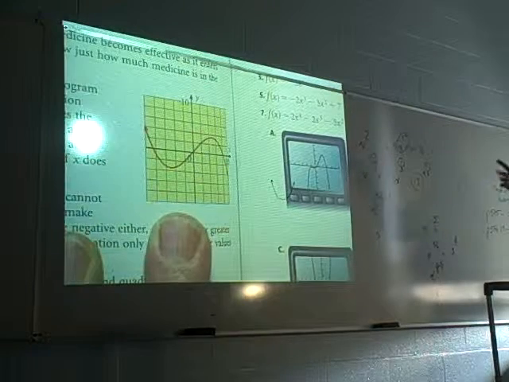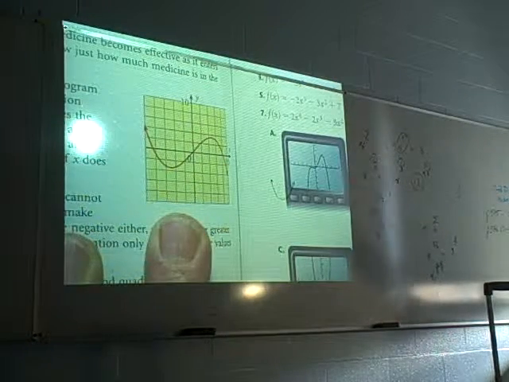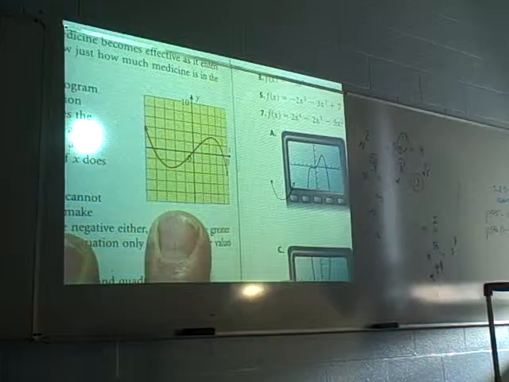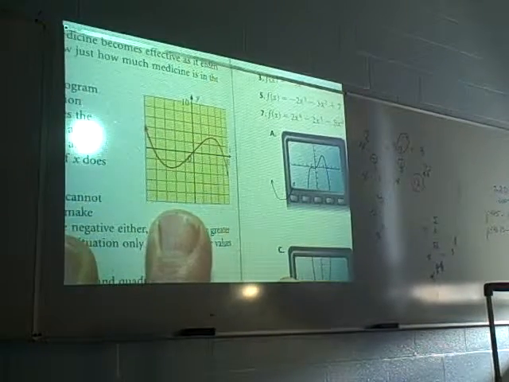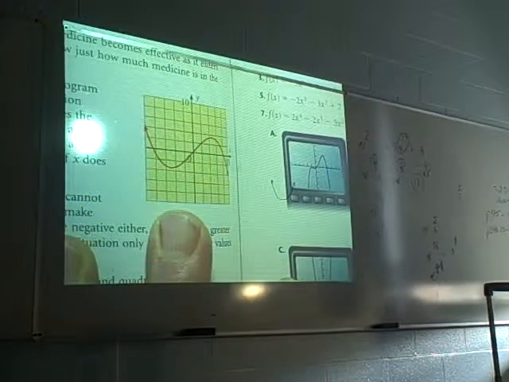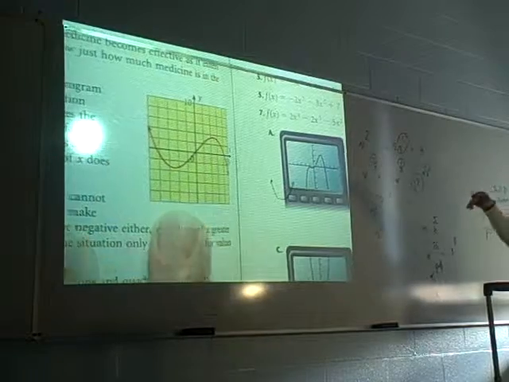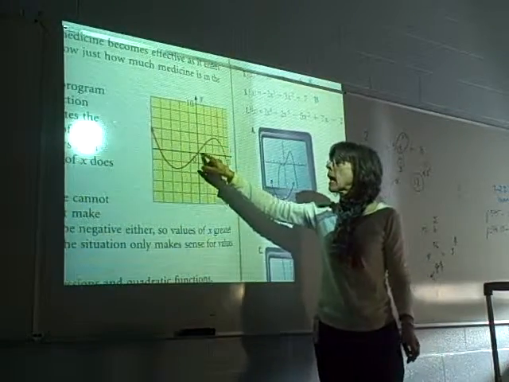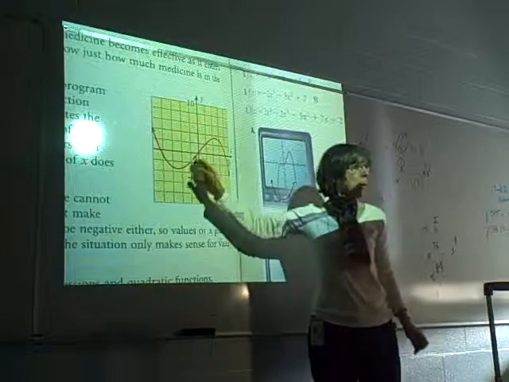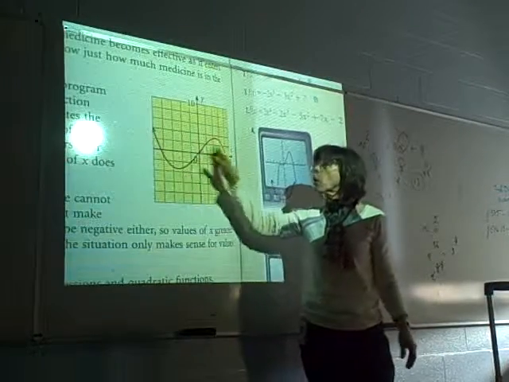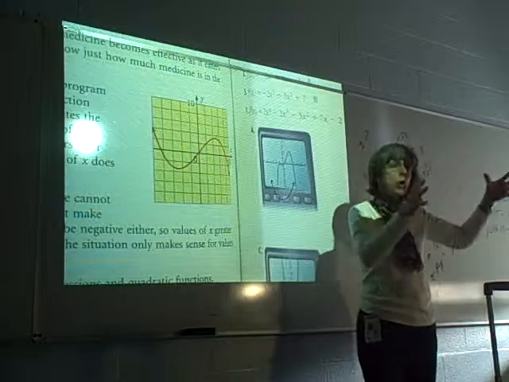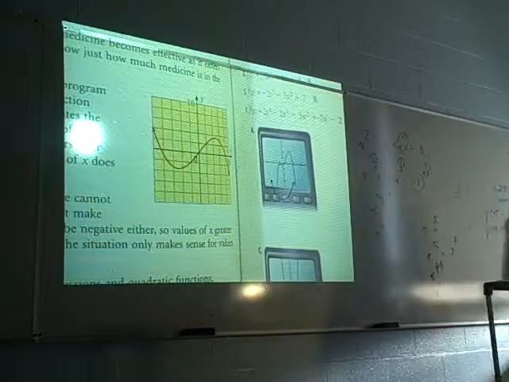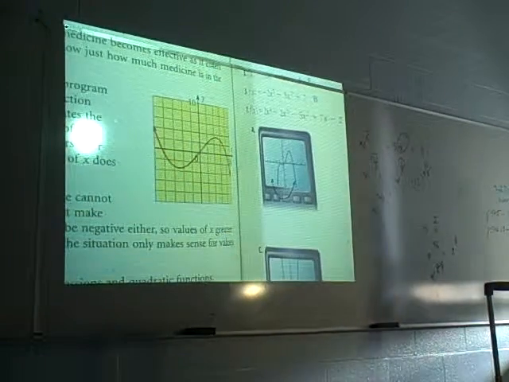This question was similar to the previous one. For which values do the numbers make sense? Just the positives, exactly. So in this situation, again, we're going to be looking at maximums, minimums perhaps, and where they're located on the x-axis.